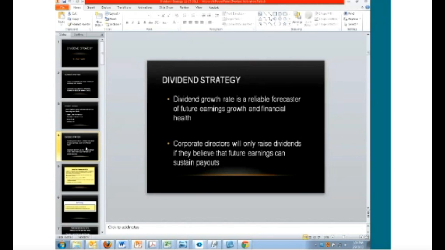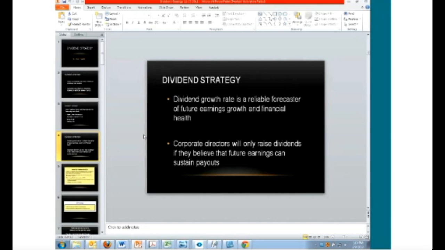So in general, the dividend growth rate is a very reliable forecaster of future earnings growth and the general overall financial health of a company. Of course, the dividends are paid in cash, and corporate directors are not going to raise that dividend unless they know that the future earnings can sustain that dividend.